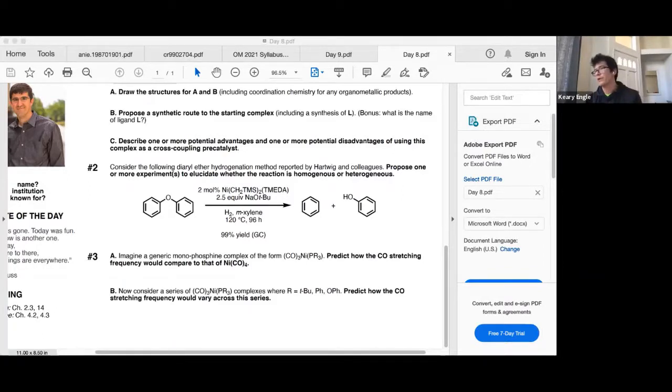So part B just asks now this isostructural series where we go trialkyl, triaryl, and then phosphite, which is trialkoxy or aryloxy, what the stretching frequency is. Okay, we're waiting on a couple people, so please, if you don't know, it's okay to guess.